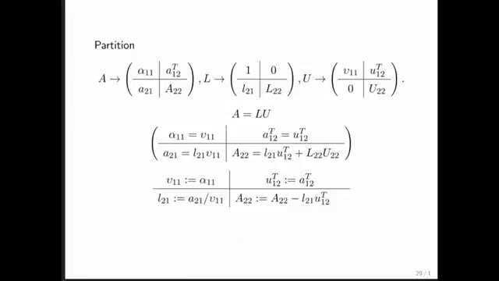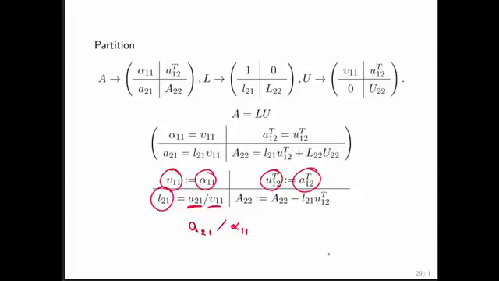The algorithm is: set epsilon 11 to alpha 11, set U12 transpose to A12 transpose, and as a matter of fact, we may just want to overwrite A, in which case we don't have to do any computation there at all. Then you can compute L21 by taking A21 and dividing it by epsilon 11, which of course is the same as A21 divided by alpha 11.